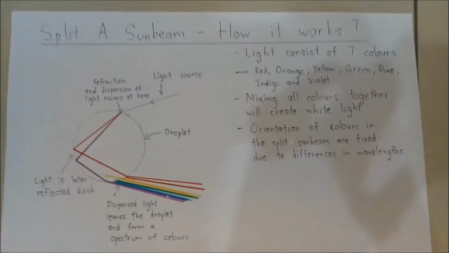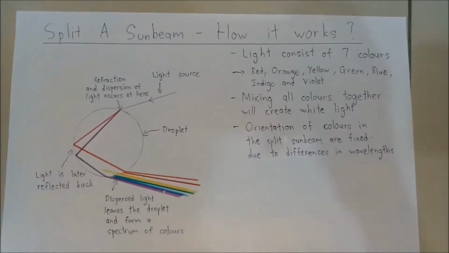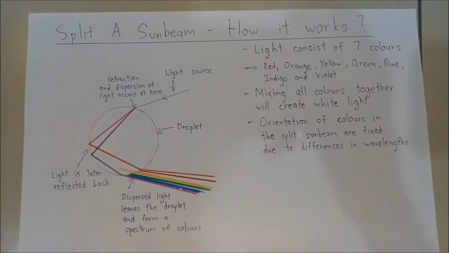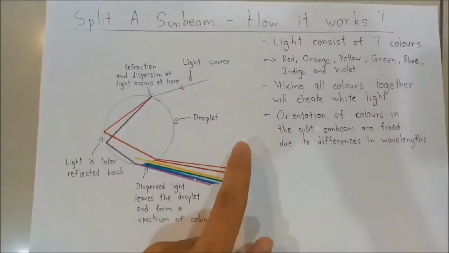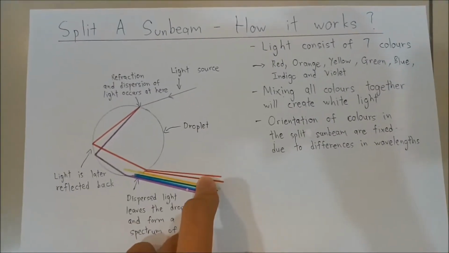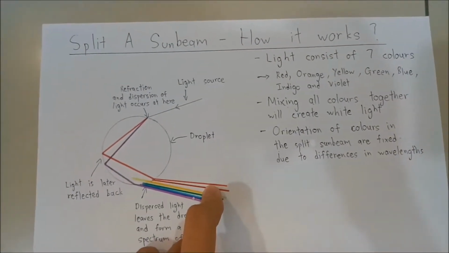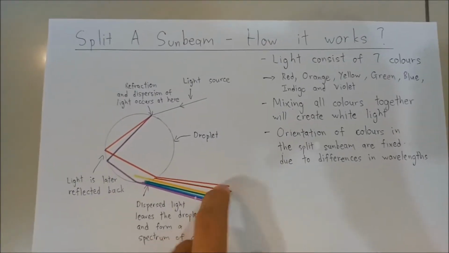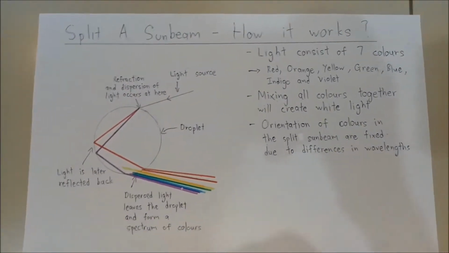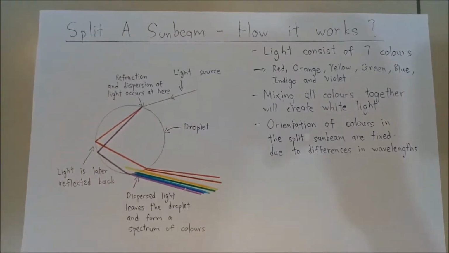Do you know why? That's because they have different wavelengths. For example, red light, you can see that it's at the first place. That's because it has a longer wavelength in which it can travel in a further distance, and also it reaches your eyes quicker.